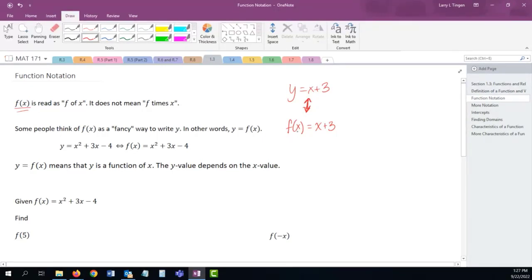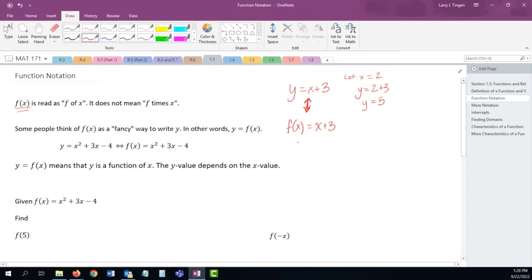Okay? The other reason we like to see this is if I asked you to plug in what is y when x is 2, then you would need to write, we're going to let x be 2, and then we're going to say y is equal to 2 plus 3, which means y is 5. If I want to ask you that same question in function notation, all I do is replace x with whatever value of x I'm interested in.